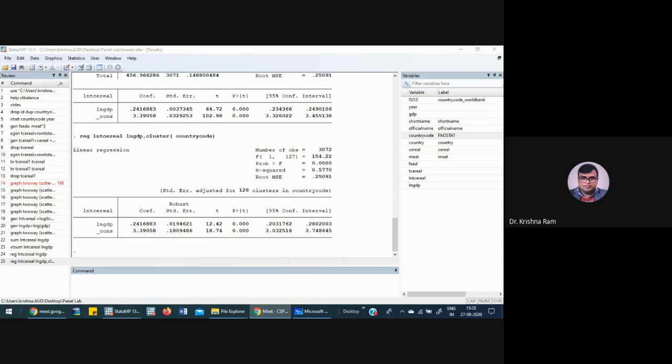But if there is a problem of heteroscedasticity or autocorrelation, then you do not get an efficient estimate of your parameter, or rather a precise estimate.